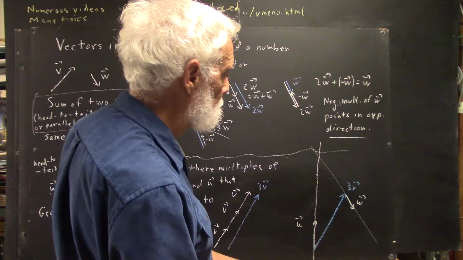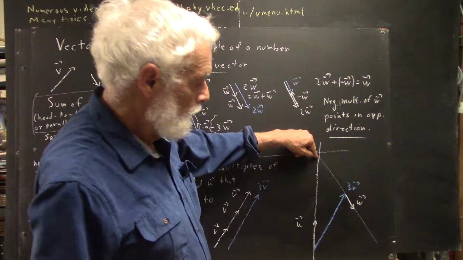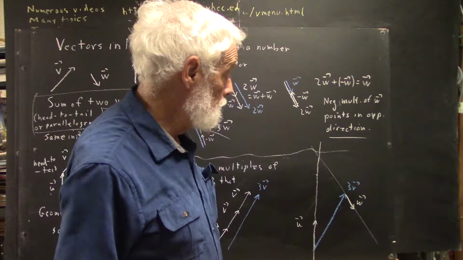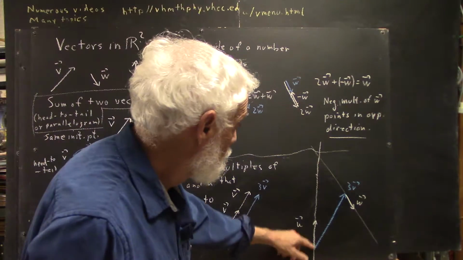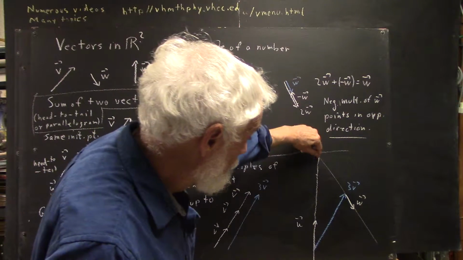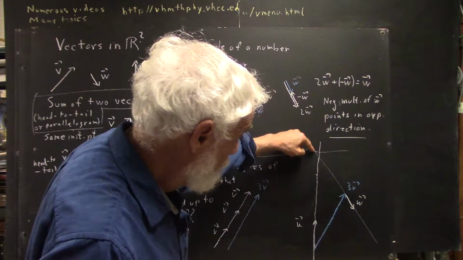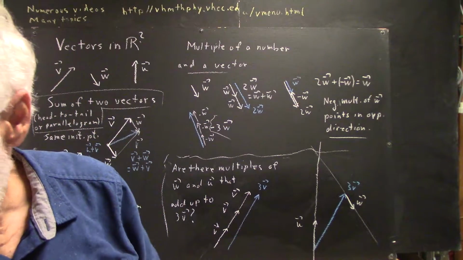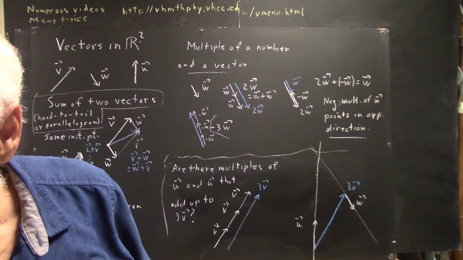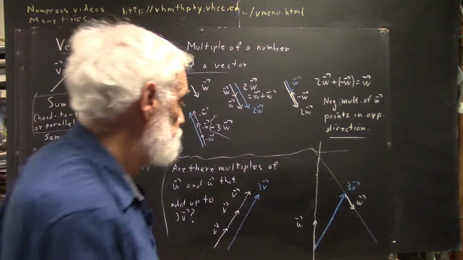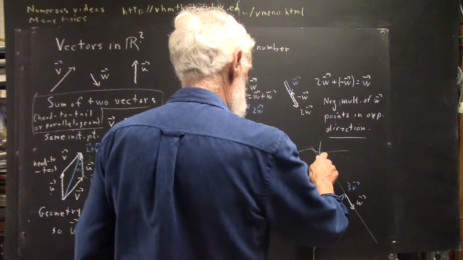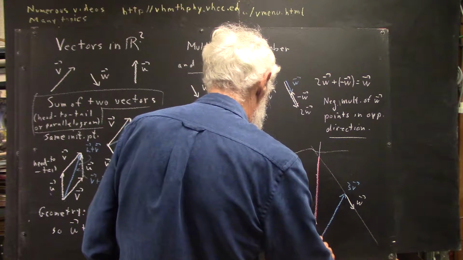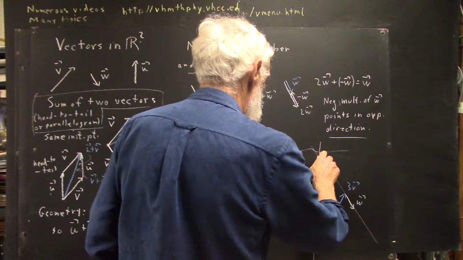Okay, so now a vector from here to here would be a multiple of u. Any vector along this line would be a multiple of w. So a vector from here to here added to a vector from here to here would be a multiple of u plus a multiple of w and would equal 3v. So let's sketch that. So let's see, this vector here is some multiple of u.